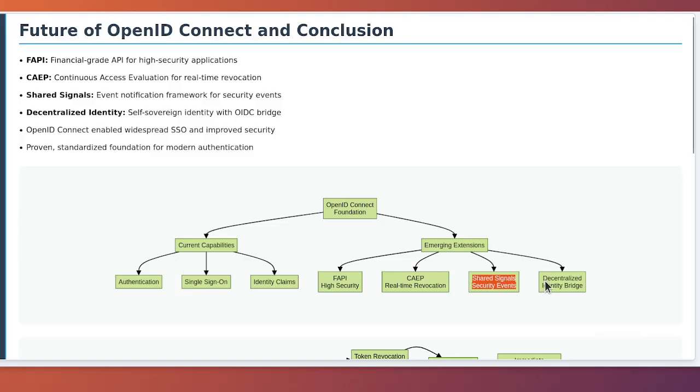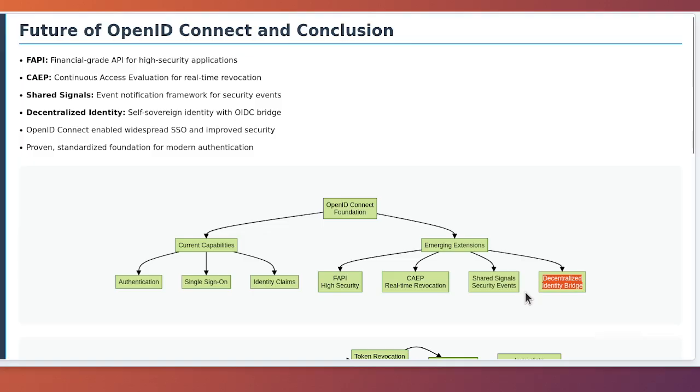This framework enables a more responsive and adaptive security posture across federated environments. Decentralized identity and self-sovereign identity represent a paradigm shift, where users control their own identity credentials through cryptographic keys and blockchain or distributed ledger technologies, rather than relying on centralized identity providers. While OpenID Connect is inherently centralized, with identity providers acting as trusted third parties, work is underway to bridge these models.